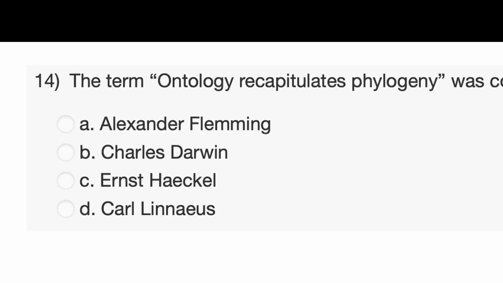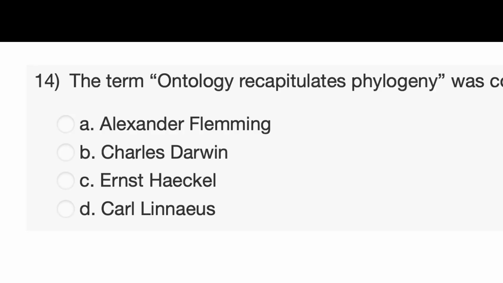The term ontology recapitulates phylogeny was coined by dash. This is a famous phrase from a scientist. The term ontology recapitulates phylogeny was coined by dash. Option A, Alexander Fleming. Option B, Charles Darwin.